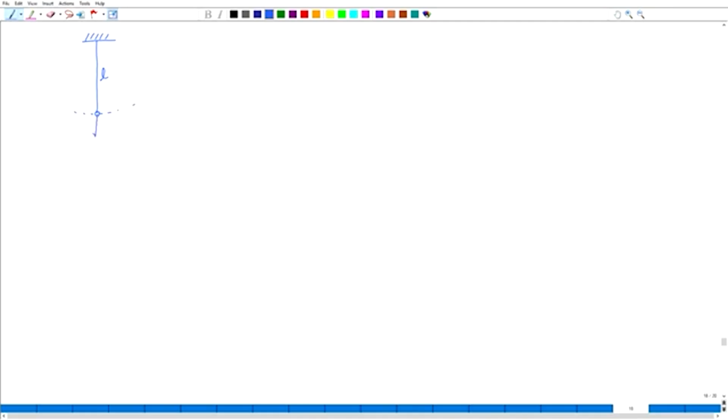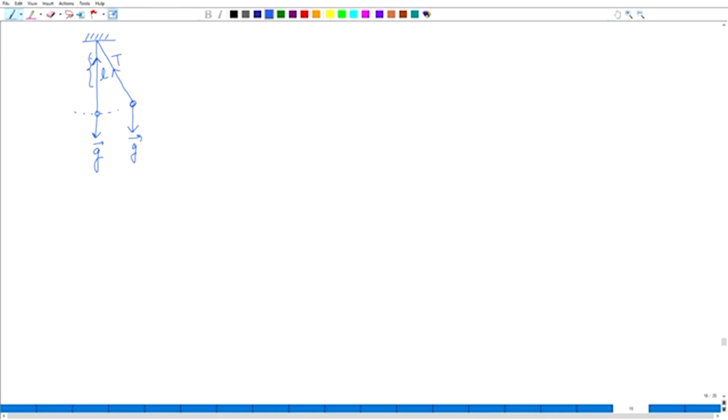You say there is g acting downwards due to the gravitational acceleration of the earth, and since this string is of fixed length, there is a tension working along the string, in the inward direction. In an arbitrary position like this, g is always vertically downward, but this tension is along the string, and it is radially inward.